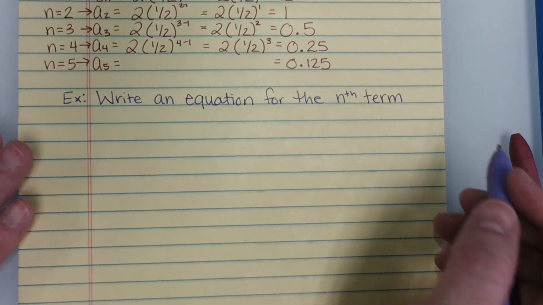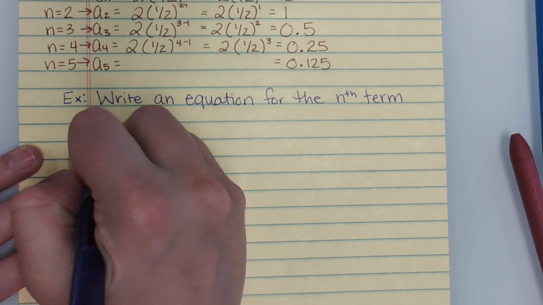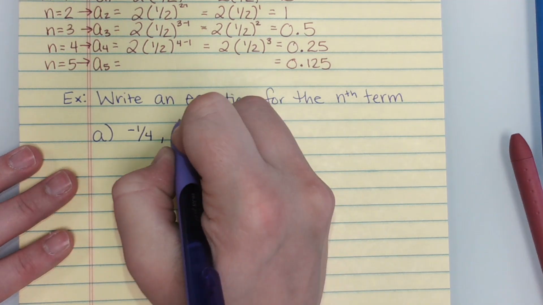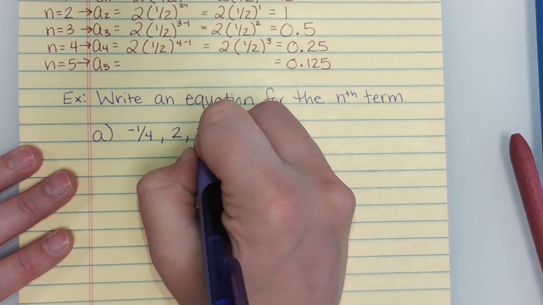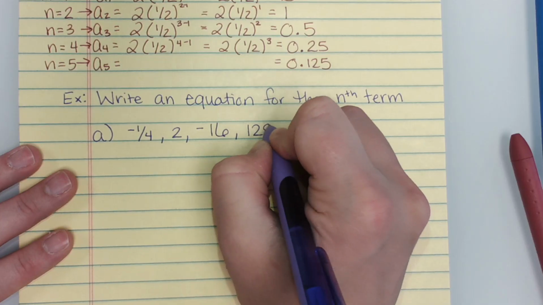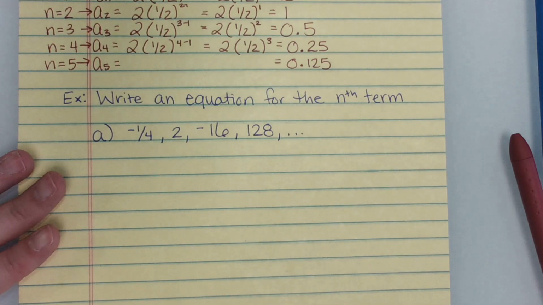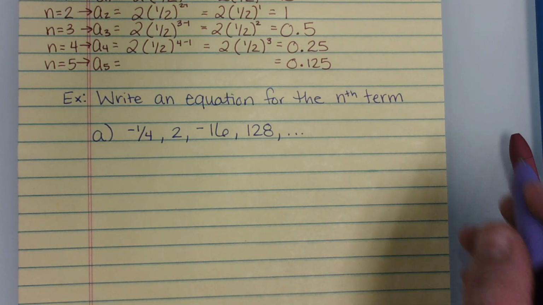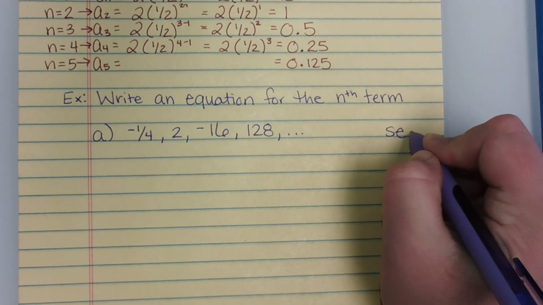Write an equation for the nth term. When I ask for the equation of the nth term, I'm asking about a specific term, and therefore it must be a sequence.